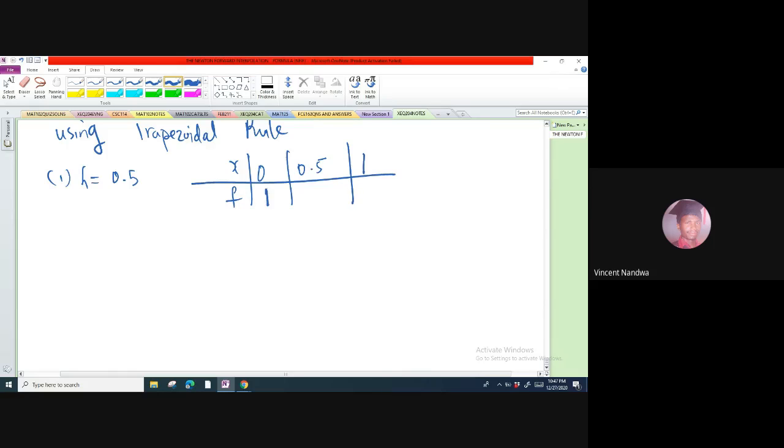The function here is 1 over 1 plus x squared, so we get 1, 0.8, and 0.5.